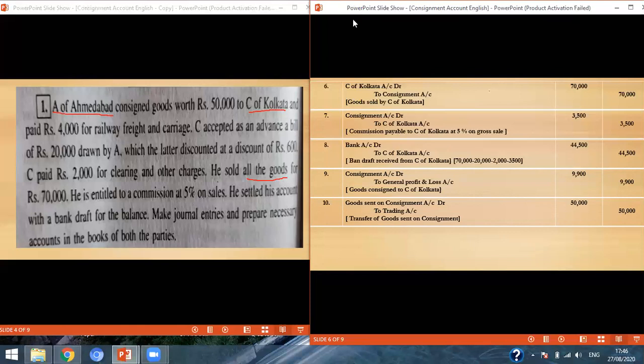Okay, now we have to make the accounts. So we'll make the accounts and we'll do the entries according to the general entries. Clear? So let's see the accounts. We will make the accounts on the basis of general entries.